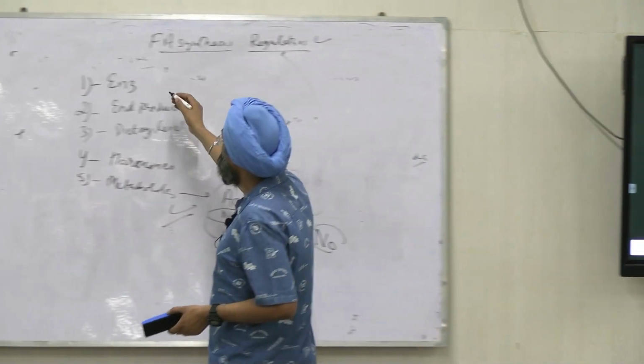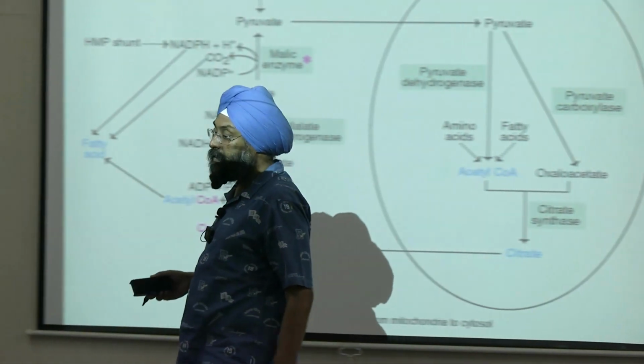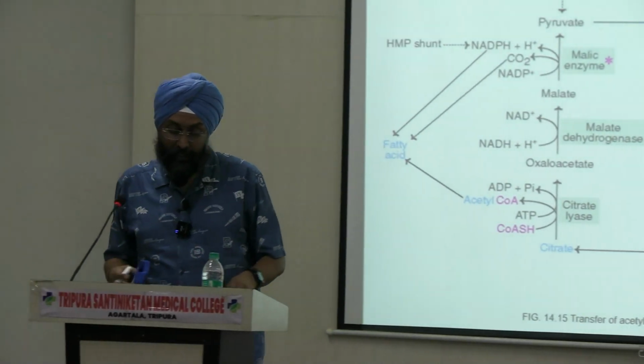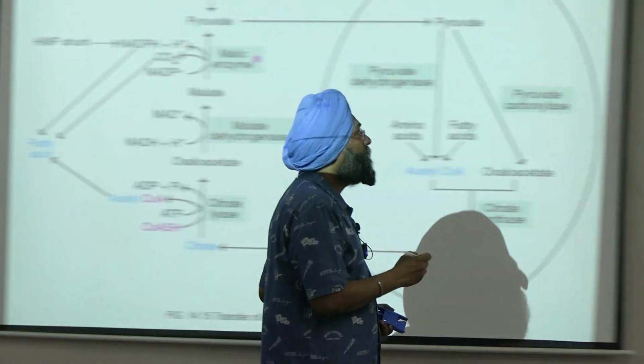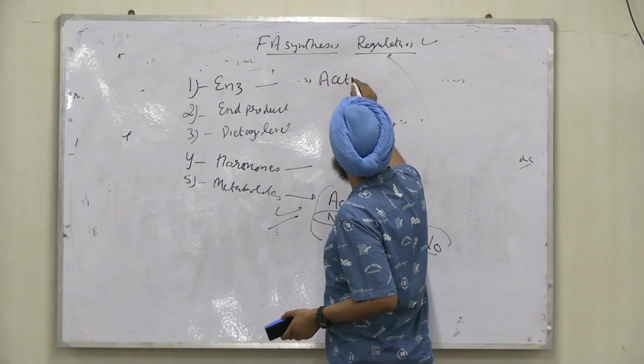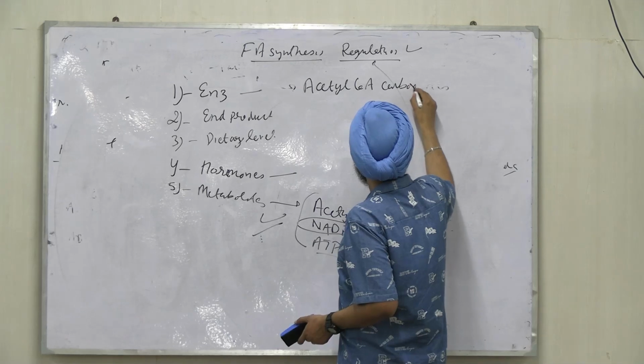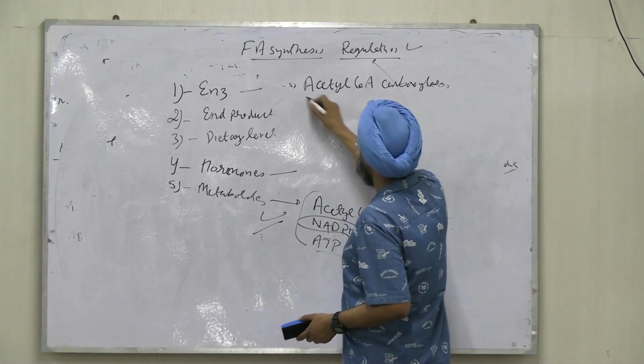Then enzymes and hormones. Tell me the enzymes that regulate this. The major enzyme is the first one, that is our acetyl CoA carboxylase. This was the first enzyme, na?